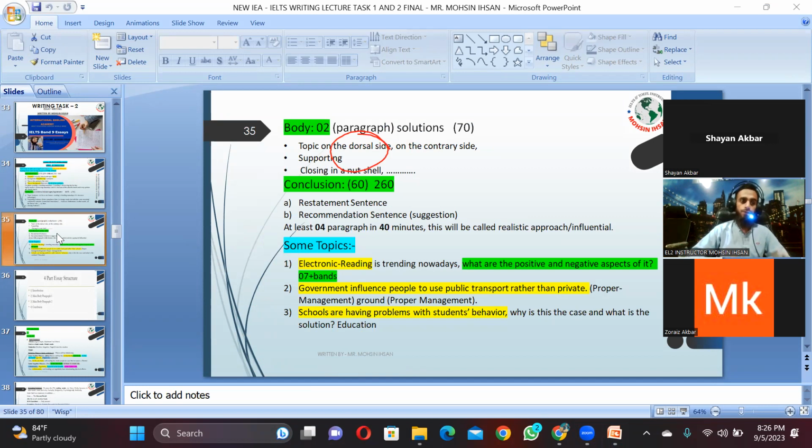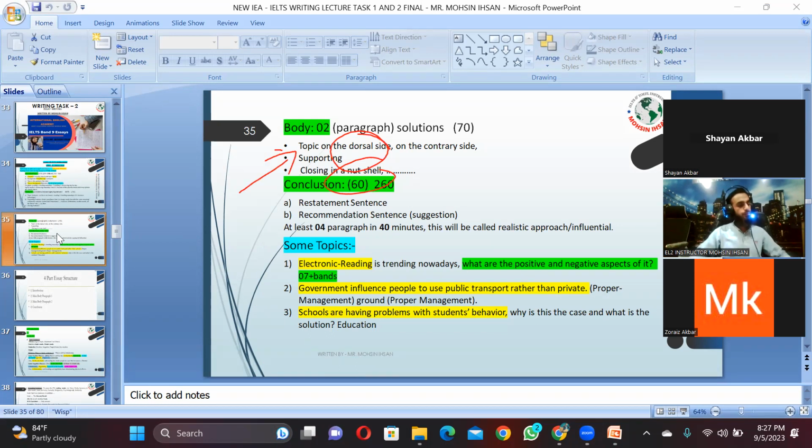A bit more with advantages, and within disadvantages you can write a few of the drawbacks. One side a lot, the other side a few, and then mention even 4 or 5, no problem. Or equal to the advantages, no problem. But then again, closing: in a nutshell, we reach the conclusion that there are also some drawbacks of screen reading. And then if it is clear, I'm jumping into the conclusion. Body one, body two.